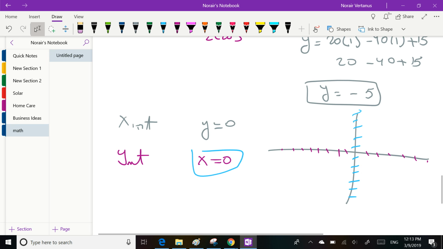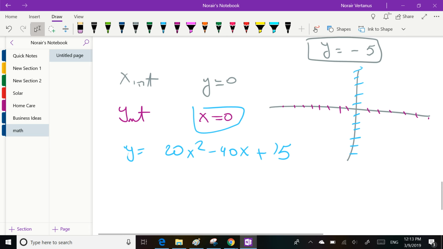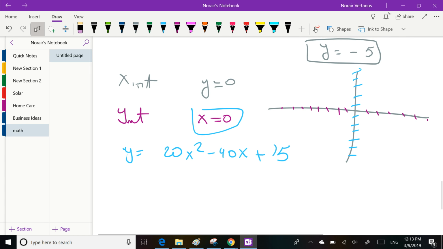So if in this problem it was 20x squared minus 40x plus 15, let's say y equal to that, and they're asking you for the y-intercept, what are you going to do? To find the y-intercept, x equal to 0.